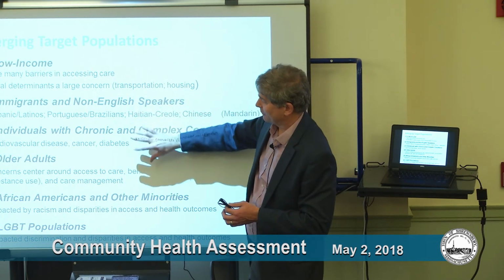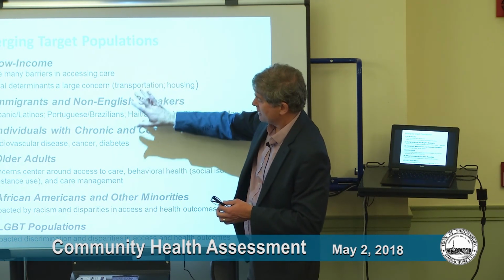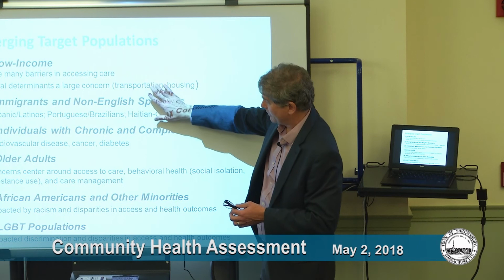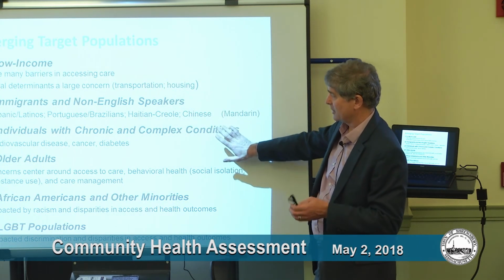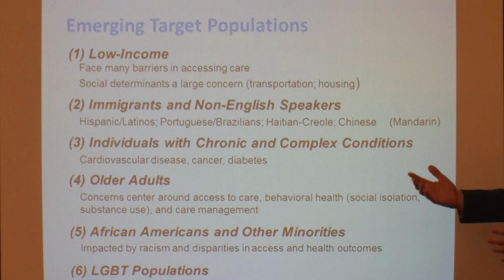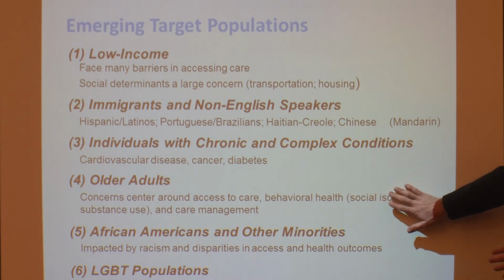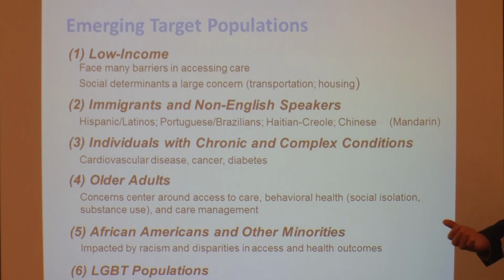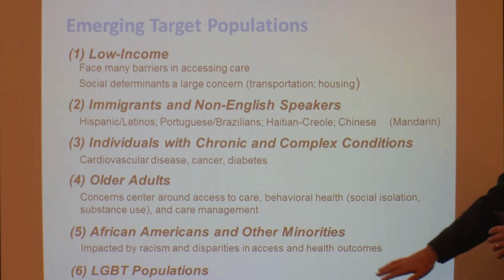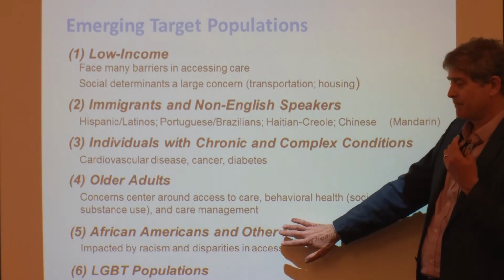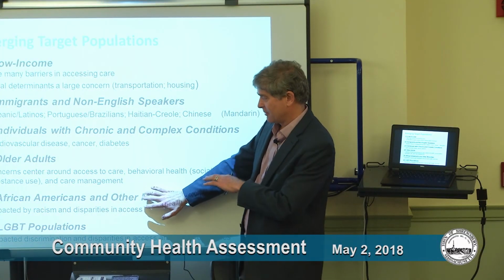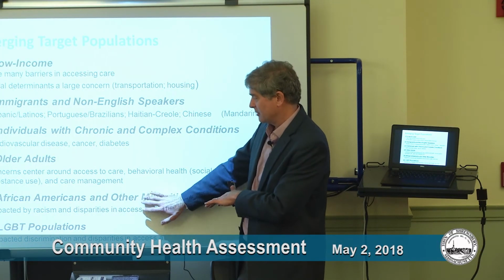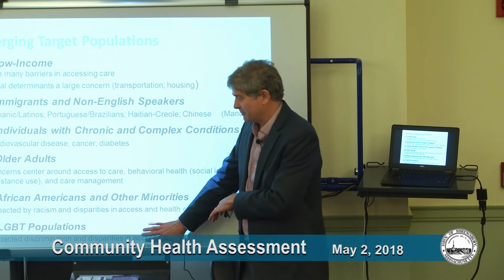You can have low-income older adults, low-income immigrants and non-English speakers, individuals who are really challenged by chronic or complex conditions, older adults, African Americans and other minorities with the impacts of just racism, which really affect their ability to access care, and a lot of minority populations face disparities that are related directly to their racial status, and then LGBT populations.